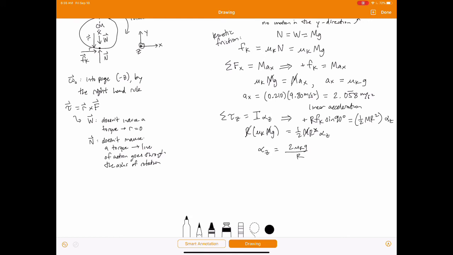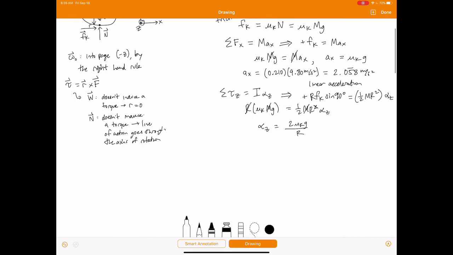All right, so let's actually put a number to that. We have 2 times the coefficient of kinetic friction, which is 0.210, and then g, which is 9.8 meters per second squared, and then we divide that by r, the radius of the wheel. So that was 12 centimeters, or in meters, 0.120 meters.